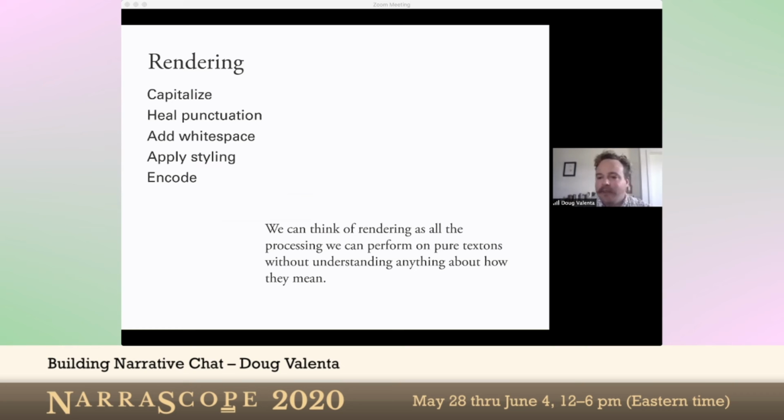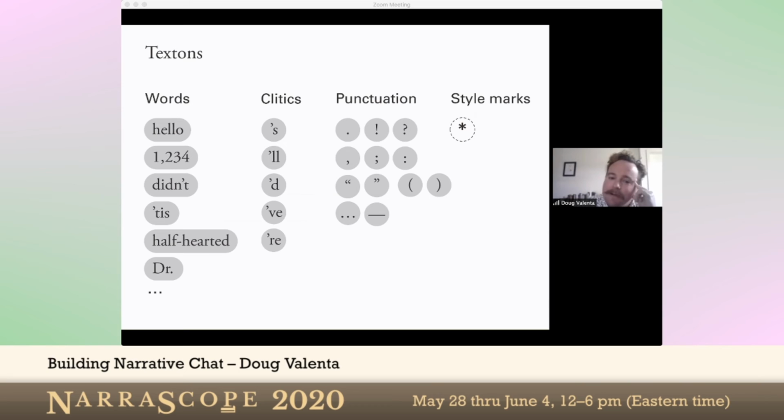And I'm only really going to look at two of them this morning. Capitalization is essentially very, very trivial. And the other two, applying styling and encoding them to actually be rendered by whatever it is actually putting the prose in front of people, are sort of implementation dependent, a bit out of scope for today. But we're going to talk about healing punctuation and adding white space.